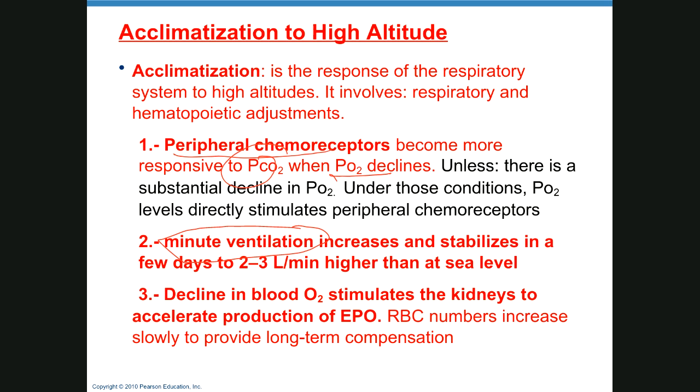And the declining levels of oxygen are going to stimulate the kidneys into producing EPO. So we're going to end up with more red blood cells within a matter of weeks. So within a matter of weeks, we're going to have increased red blood cells, increased minute ventilation, and at least temporarily, an increased respiratory rate.